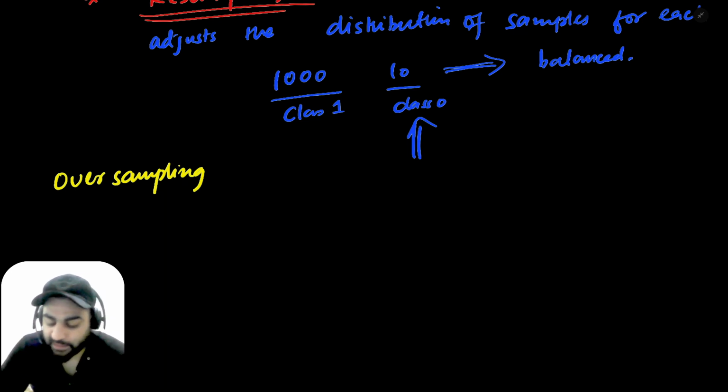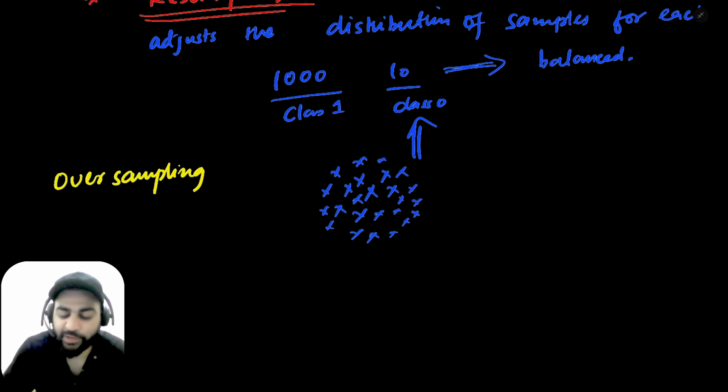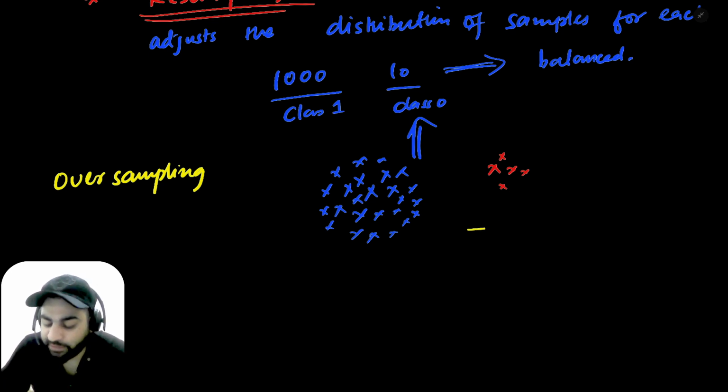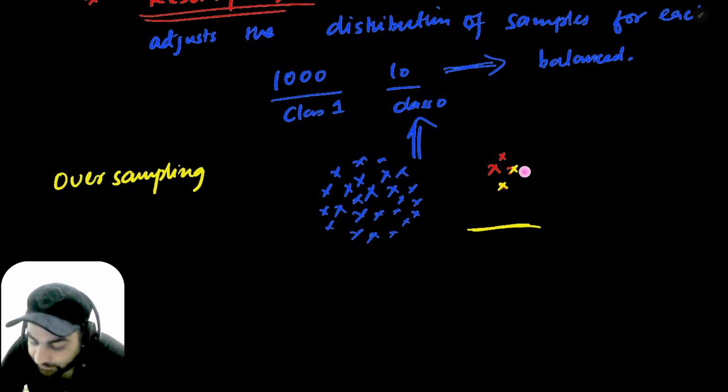If we have something like this, we had this class, let's suppose our majority class. If I just show you visually, because I like to show visually so that these things last longer with you, and these pictures will pop up into your head when you study about these. Let's suppose this was our minority class. So in oversampling we increase the number of instances of the minority class. How will we increase? We'll take more samples like this.